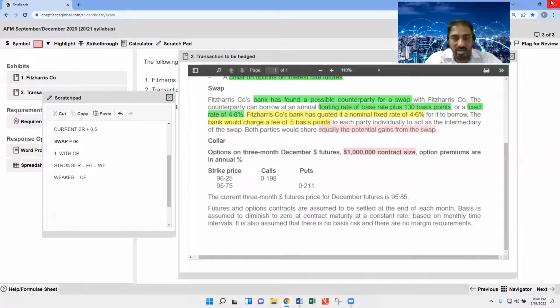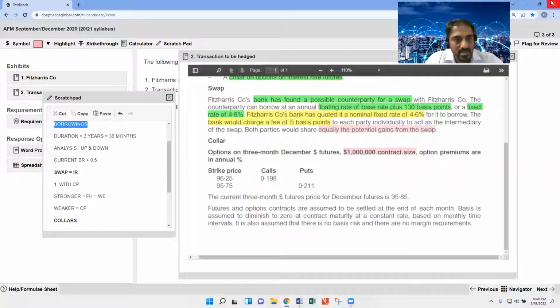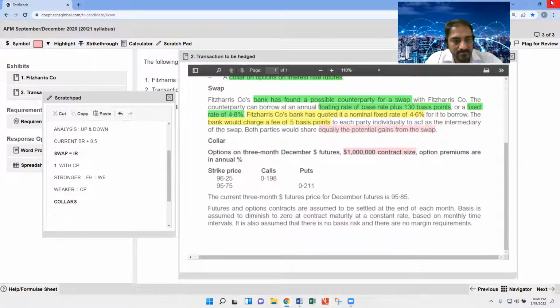In the case of a collar, if we are working with collars, you have determined that in the case of borrowing, the mindset is buy put, set cap at a percentage. So what is the percentage?